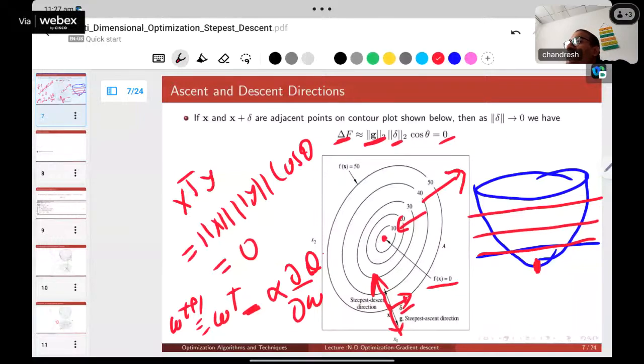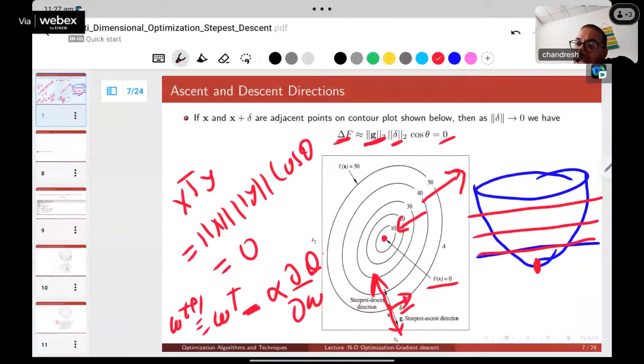Okay. So I think Gitanjali has already answered. We want to go to the minimum. Yes. We are going to the center because, see, in this blue bowl, we are cutting this bowl, right? If I cut a bowl, I will get circles, or ellipses, whatever you want to call them. These circles are plotted in this figure.